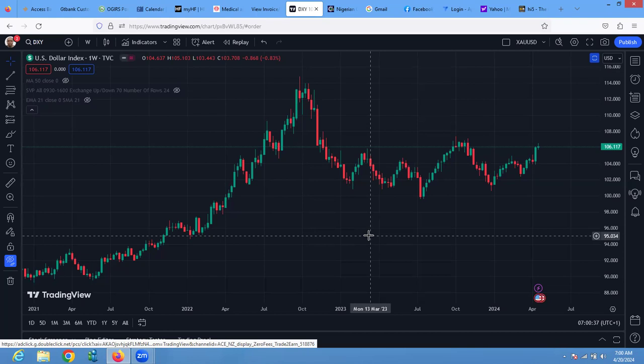Wave 2, most of the time, corrects within 61.8 and 78.6. Get that again. Wave 2 corrects most of the time between 61.8 and 78.6, and not even 76, 78.6.